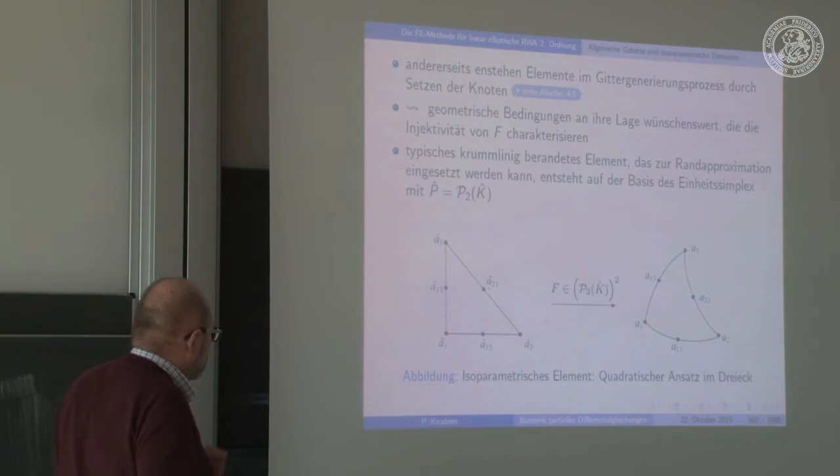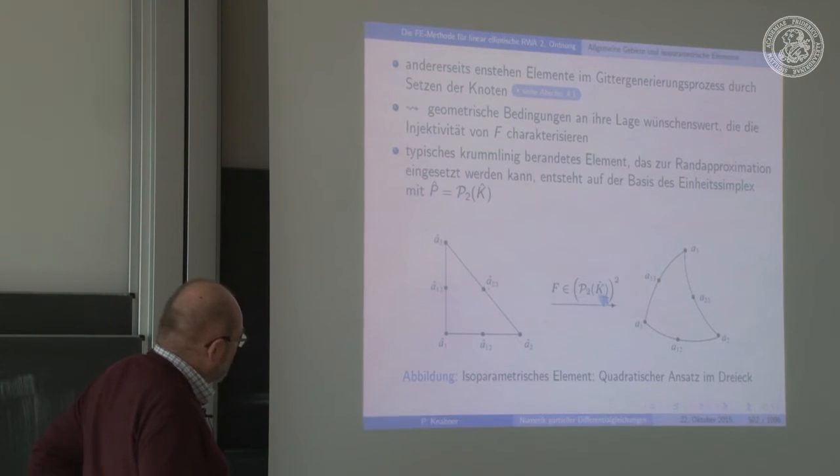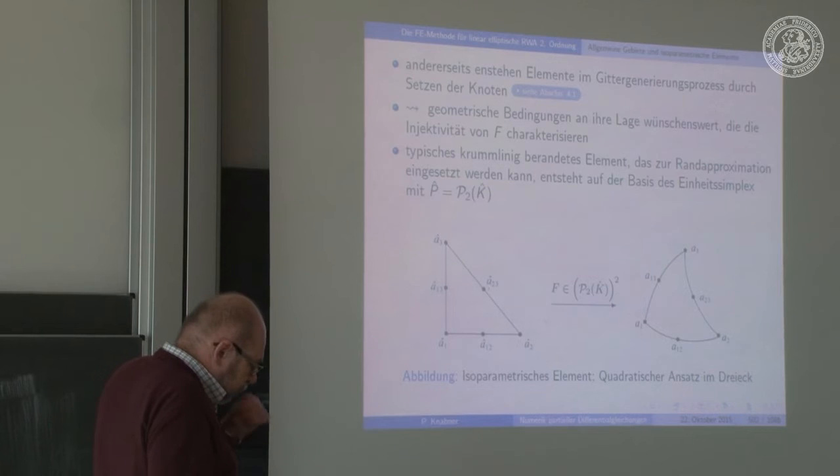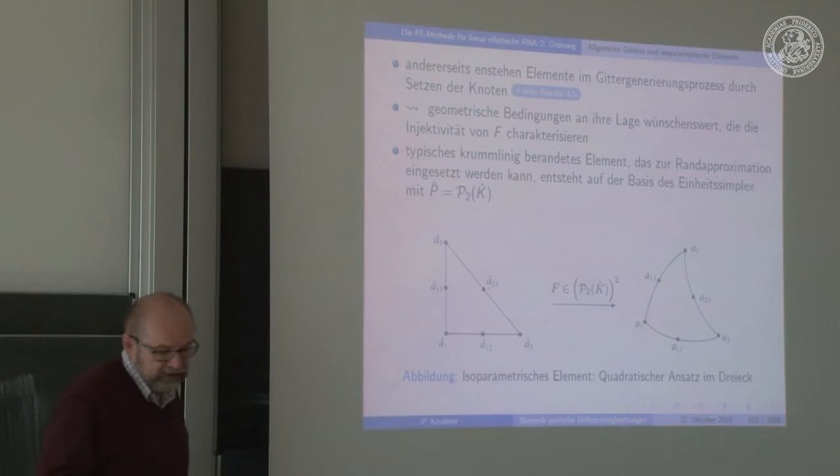Now you would say, okay, this may be too much I would like to have. If this is supposed to be a boundary element, this looks okay, but why this and why this? But of course, this can be enforced by just taking those points on a straight line here. We just say, okay, let's forget about this injectivity problem for a second.